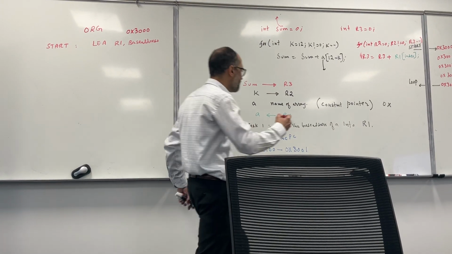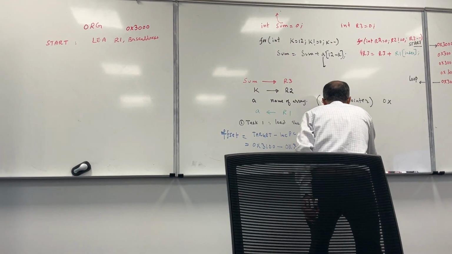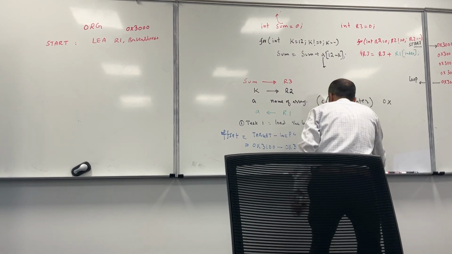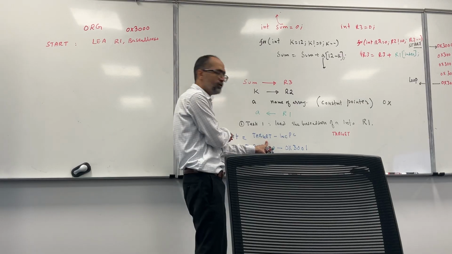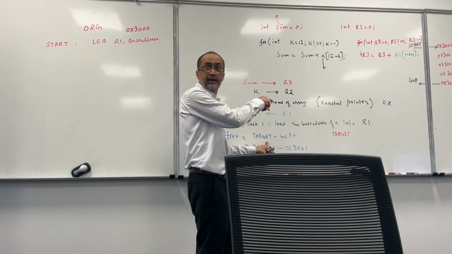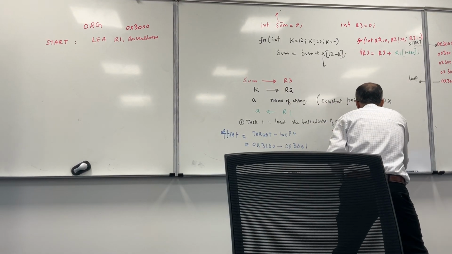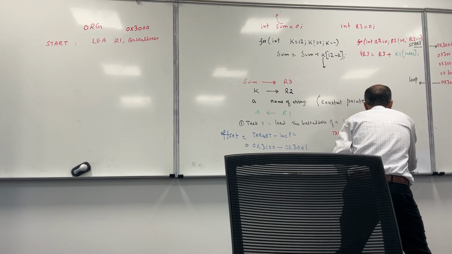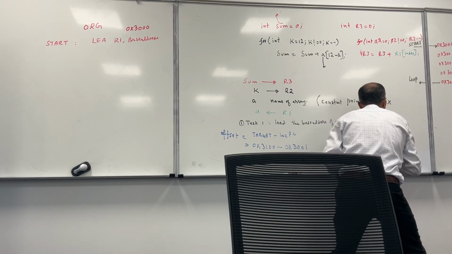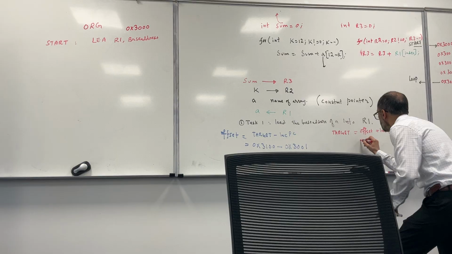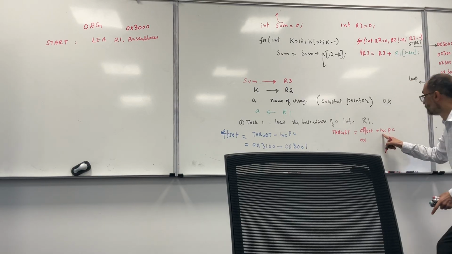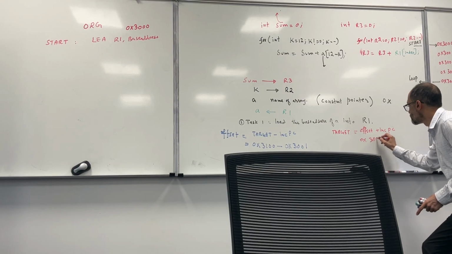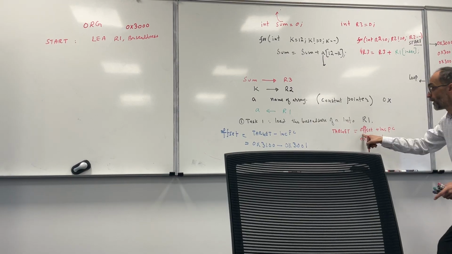Now, what will be my target? Target is offset plus incremented PC. What is my incremented PC? 3001. And what is my offset?